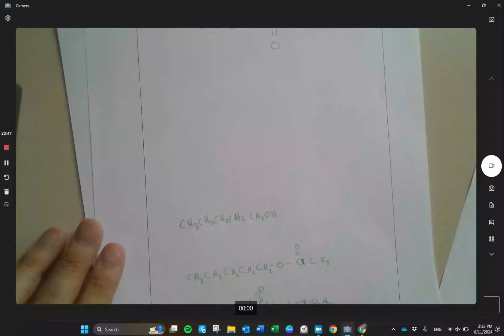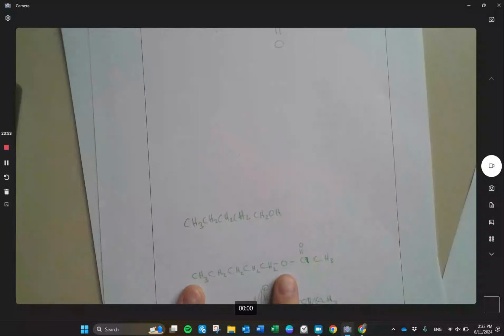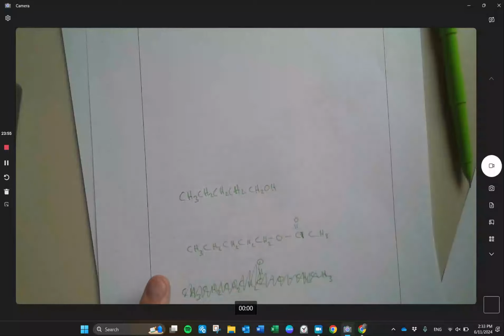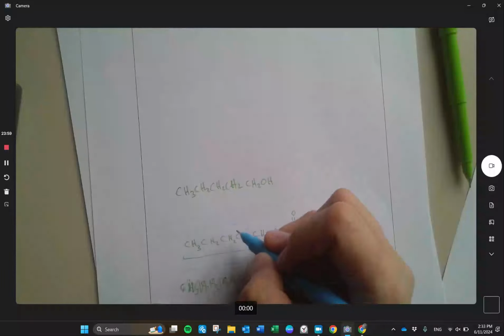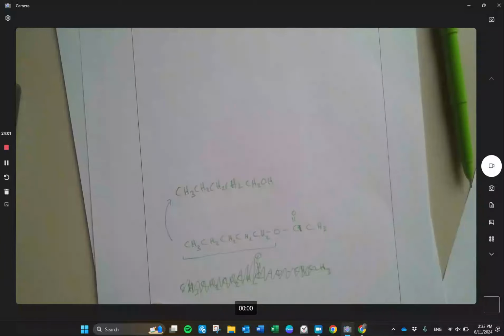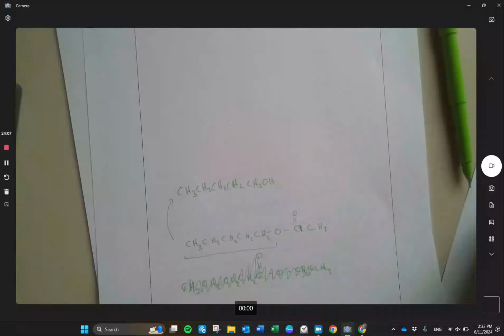No. Okay, I understand. I thought they could need extra space for a reason. I mean, well, yeah, because I'm going to have to put the ethanoic acid over here too. But you see how I'm backtracking and I'm figuring, okay, this bit here, this is my alcohol, and I've drawn it over here, because I'm trying to break apart this molecule. It's just like ester hydrolysis, because we were covering that. So that's 5. All right?